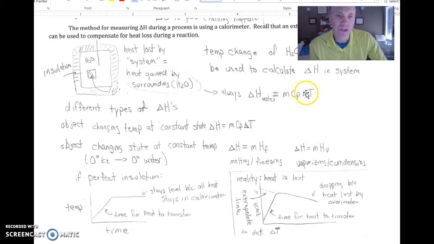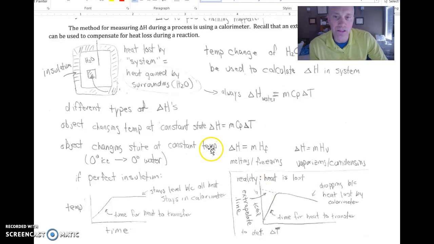All right. So in order to compensate for reality, if we know the rate at which this calorimeter tends to lose heat to its surroundings, then we could take this slope right here and extrapolate that way up here. Essentially that would give us our delta T, our change in temperature from here to the starting temperature.